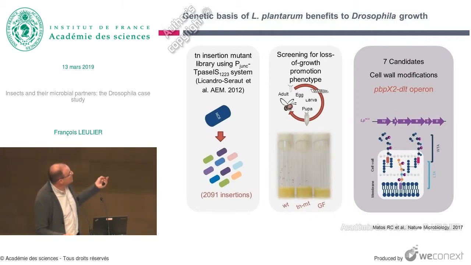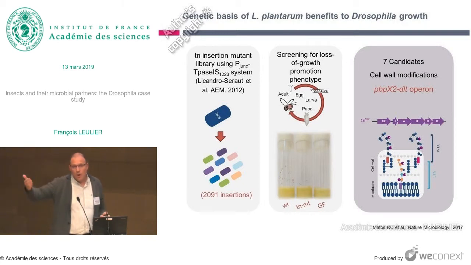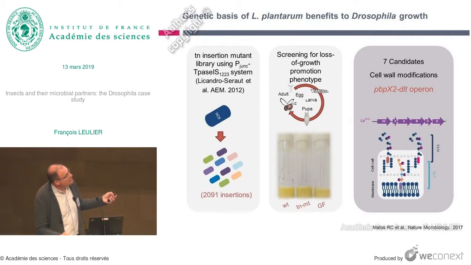She generated a library of 2,000 random insertions and screened them for loss of function of this growth promotion phenotype in flies. And after some weeks of screening, she focused on 7 candidates, and particularly one insertion in this peculiar operon, which is the PBPX2 DLT operon.